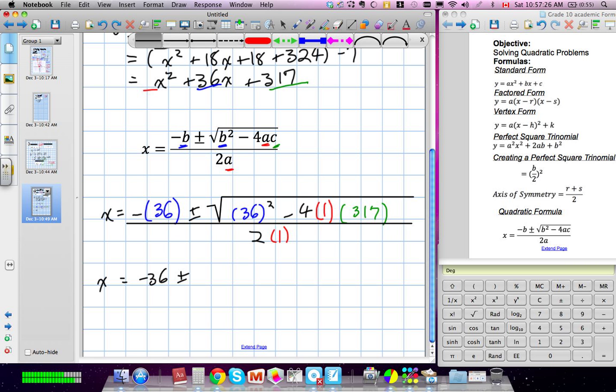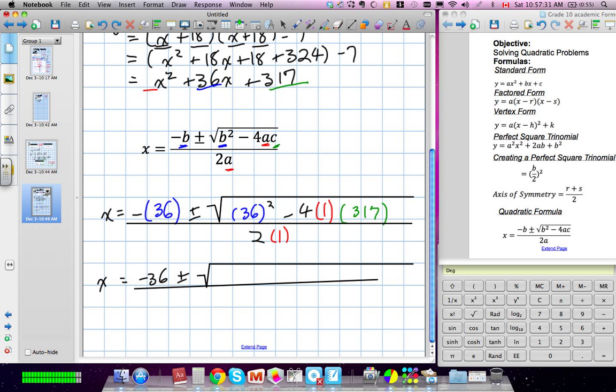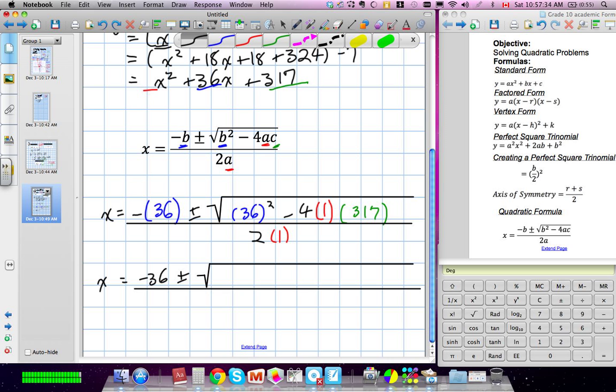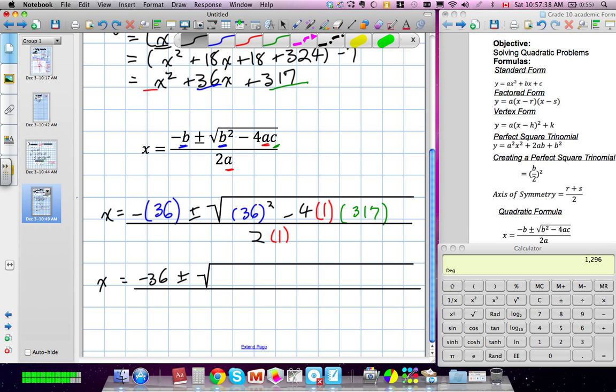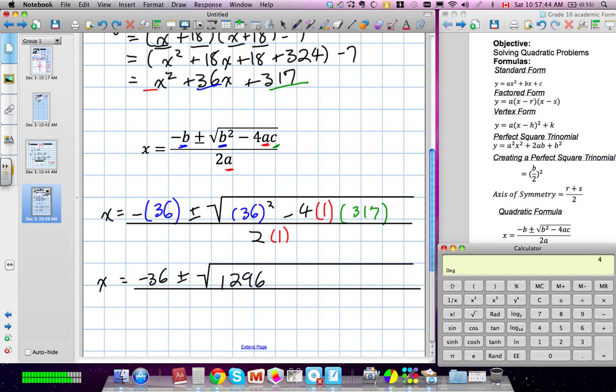Now, think of this like negative 4. So we have negative 4 times 1, gives us negative 4 times 317. So we subtract 1,268. All divided by 2 times 1 is 2.